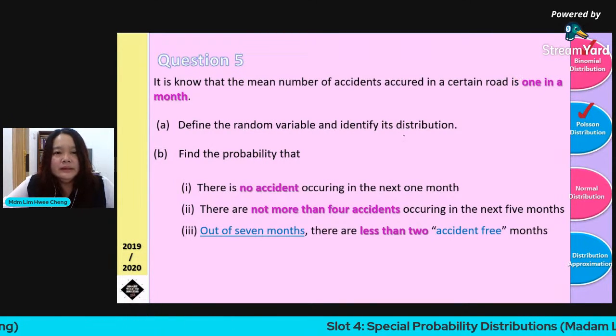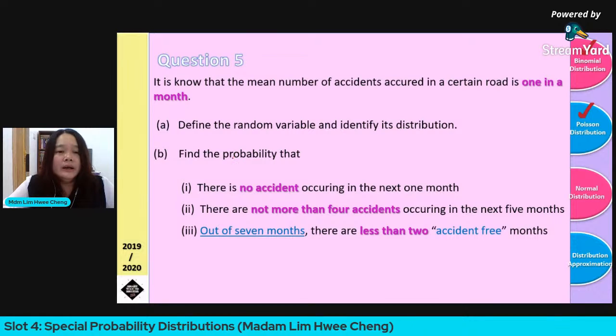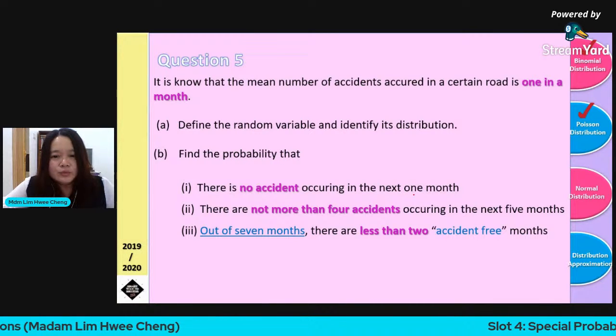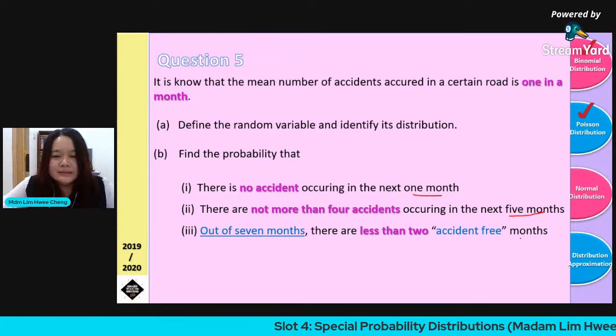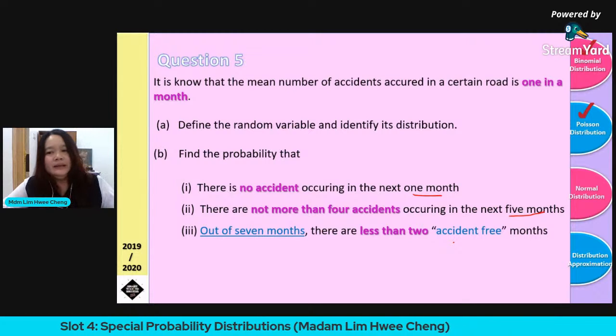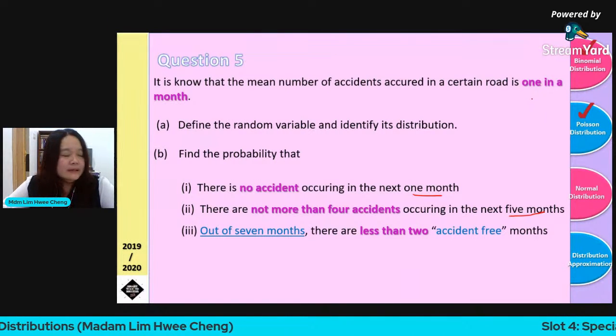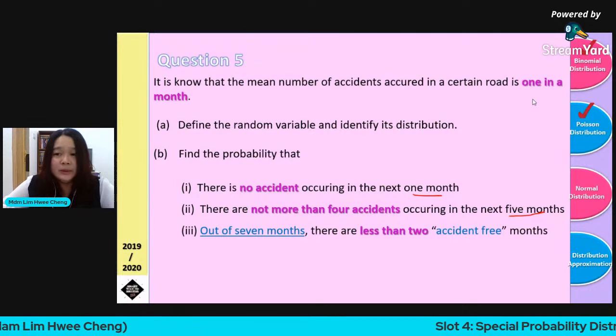Okay, so kita define the random variables and identify its distributions. Find the probabilities that there is no accident in the next 1 month, in 5 months, and accident free less than 2. So this question number 5 ini adalah 2019-20 punya question.